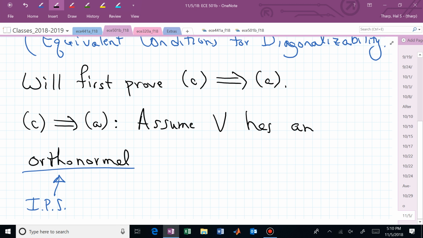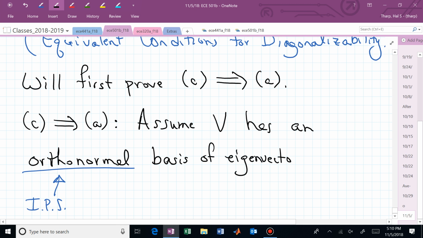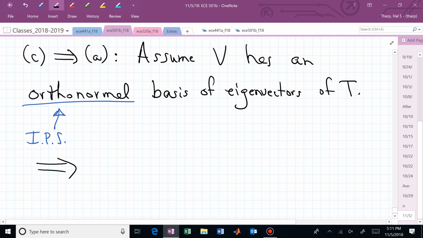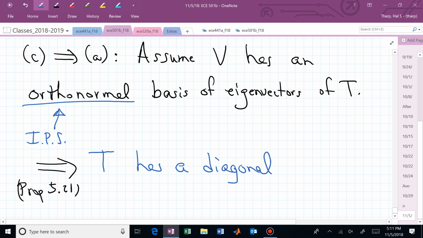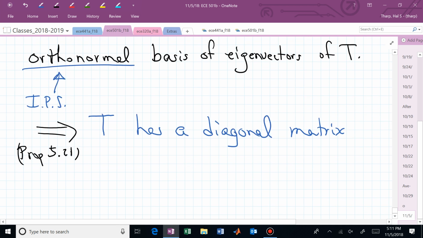Assume V has an orthonormal basis of eigenvectors of this linear operator T. That means from proposition 5.21 that T has a diagonal matrix representation with respect to this basis.